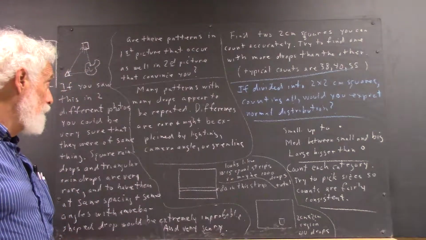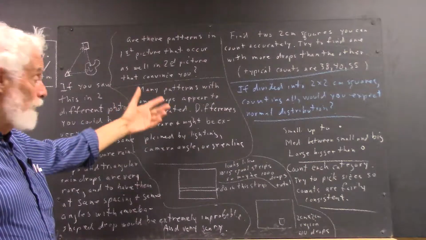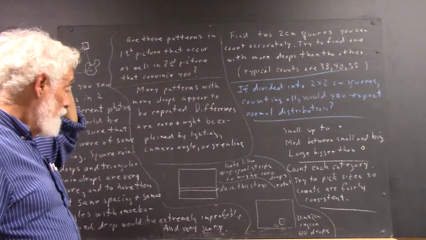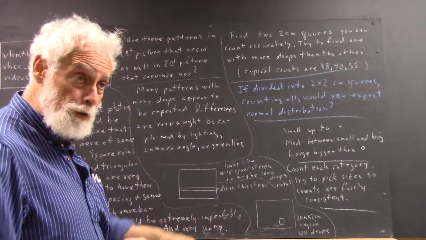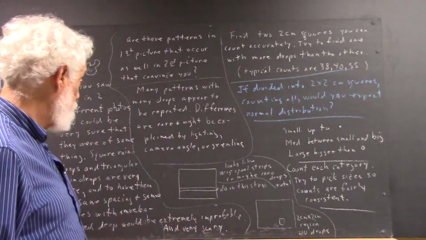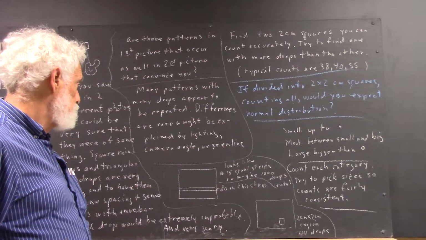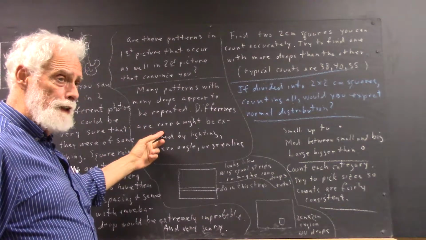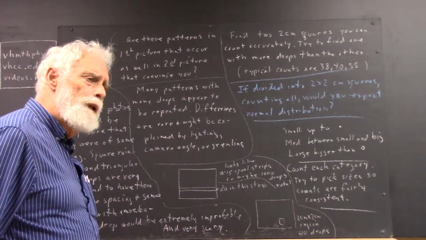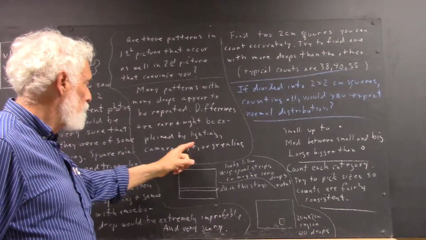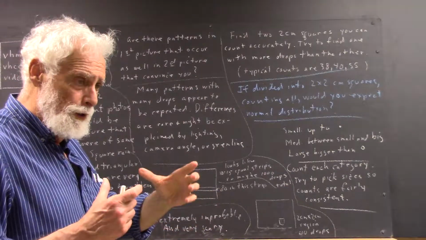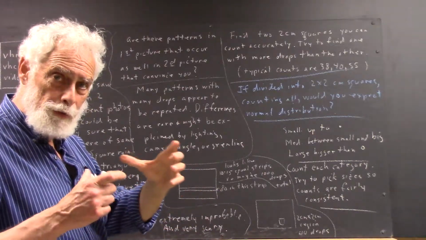So, people say, well, there are many patterns with many drops that appear to be repeated. And we could take measurements and see that all the distances and angles are consistent. Differences are rare. And any differences that people might or might not have noticed might well be explained by differences in lighting and camera angle, because the two pictures aren't done quite at the same distance and quite from the same angle.